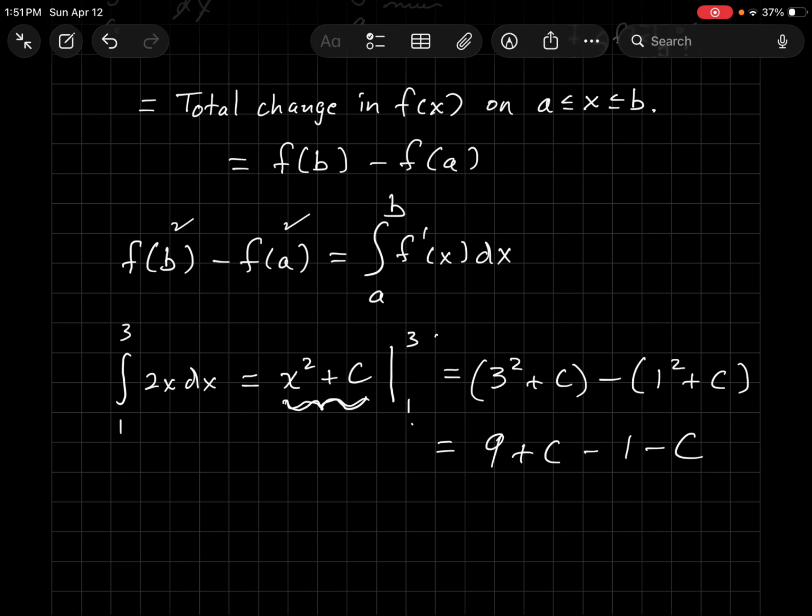Now, what happens when we have a definite integral? Recall that a definite integral is an integral that has limits, so I definitely know where I start and where I stop. What happens with the c's, if you do it correctly, that constant of integration will always subtract out, and we'll end up with 8.